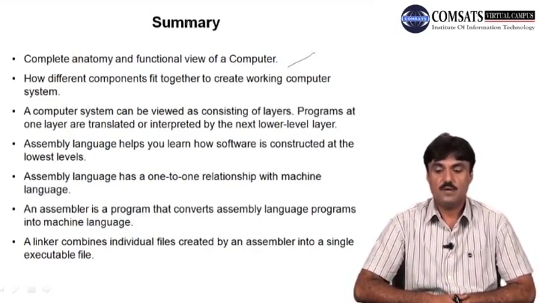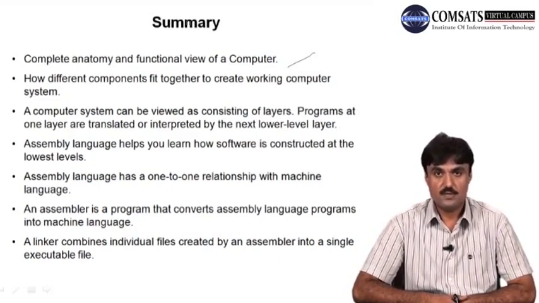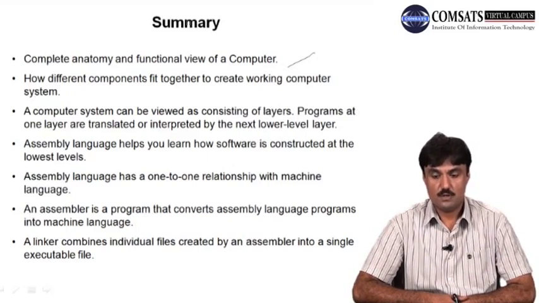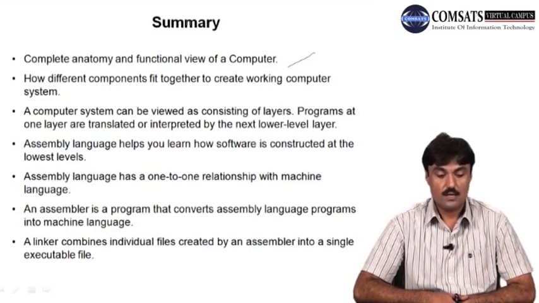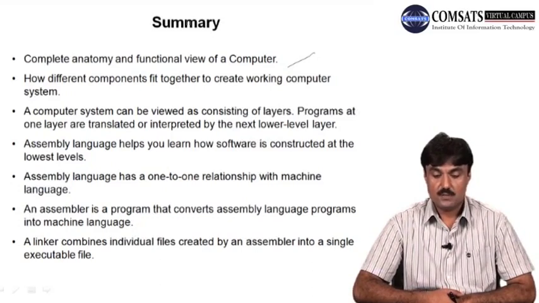Then we saw how data flows from input devices to memory, and from memory to the output devices. The next thing we learned is how different components fit together to create a complete working computer system.